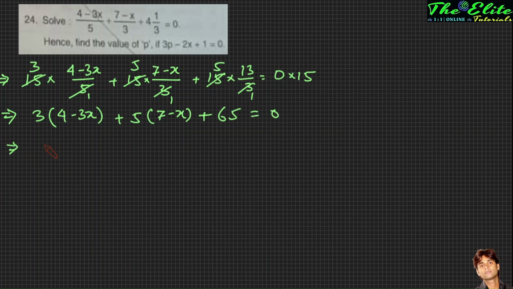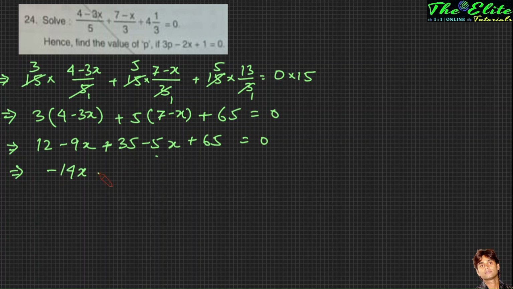Clear? Now expand it. It will be 12 minus 9x plus 35 minus 5x. Be very careful in doing expansion, especially with signs. So minus 9x minus 5x is minus 14x.